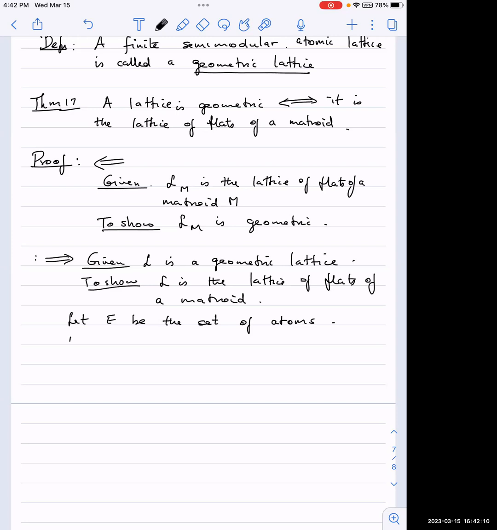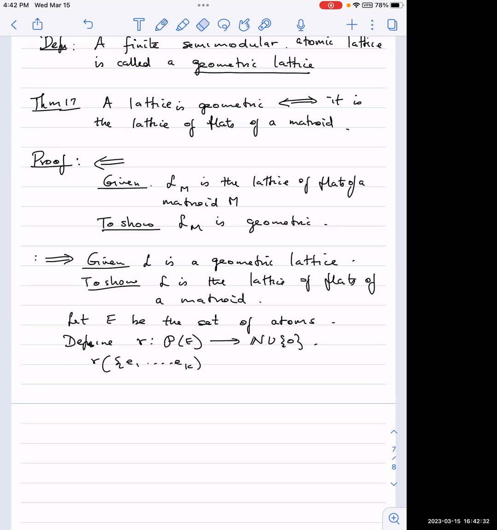And define the rank function we define this way. Rank from 2^E should be to N union 0, right? I always forget the 0. And rank of E1 to EK, right?